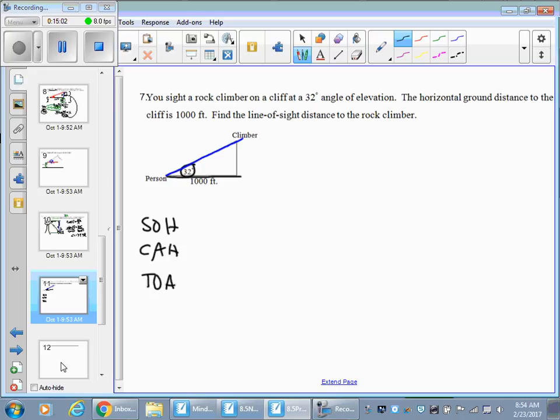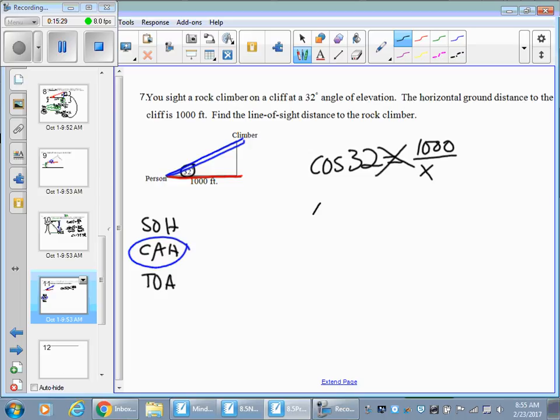We have the adjacent side and the hypotenuse. Adjacent and hypotenuse is cosine. So now when we set it up, it is the cosine of 32 equals 1,000 over x. Okay, so now it's going to be cross multiply.